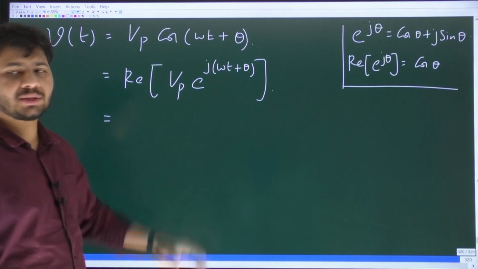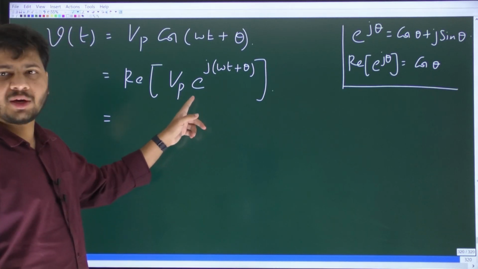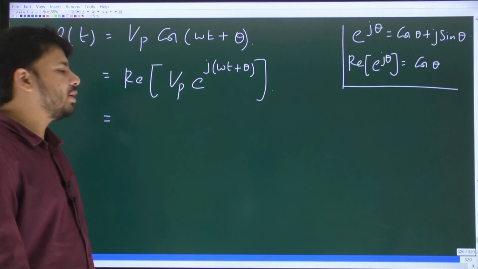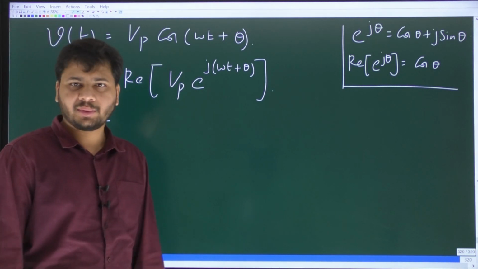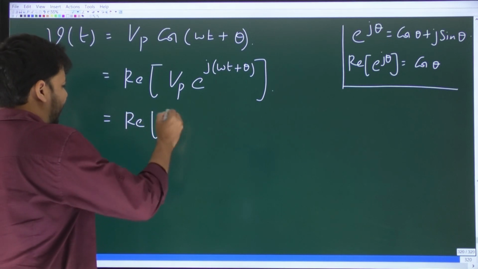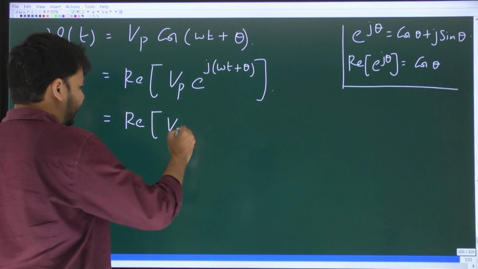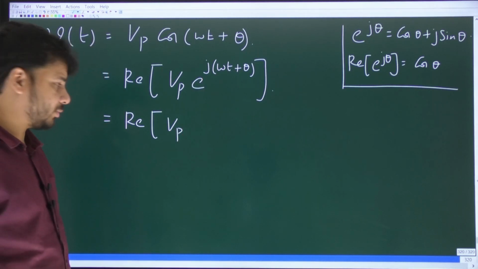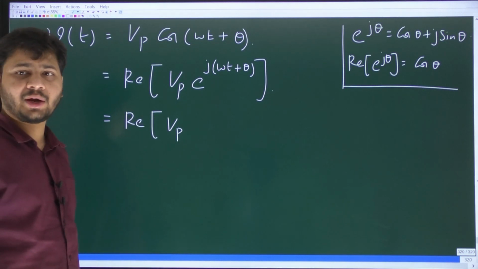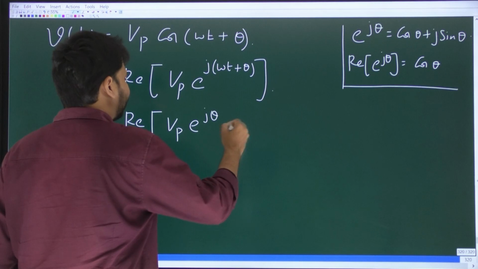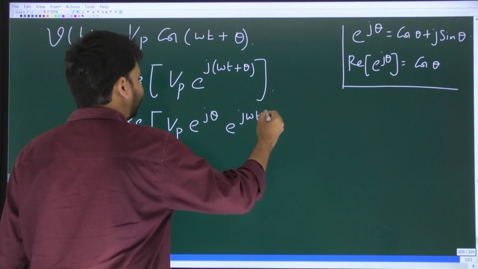Now what is this complex number? Vp e power j omega t plus theta. This e power j omega t plus theta, I'll write it as, so first we have the real part of Vp, I'll write it as Vp itself, and e power j omega t plus theta I'll write as e power j theta times e power j omega t.